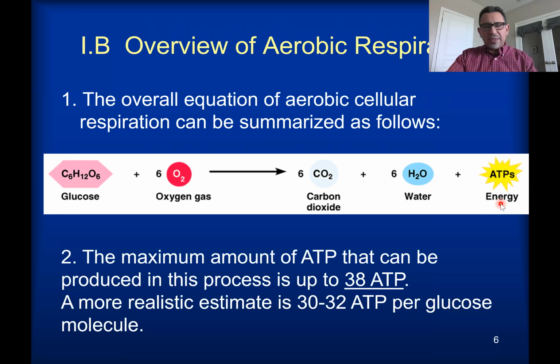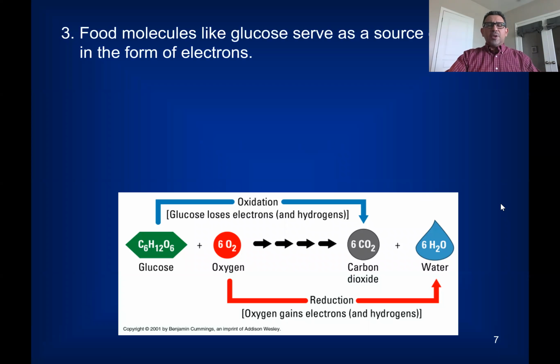This is usually not the case. Most of the time, cells cannot get that many ATP, but about 30 to 32 ATP can be extracted per molecule of glucose. So, what exactly is the energy that will be extracted from food? A molecule like glucose serves only as an example here.